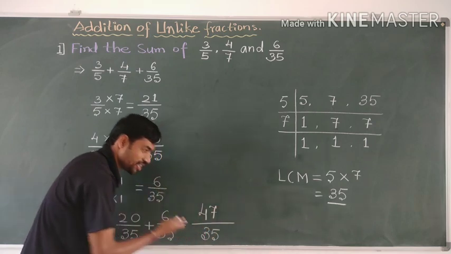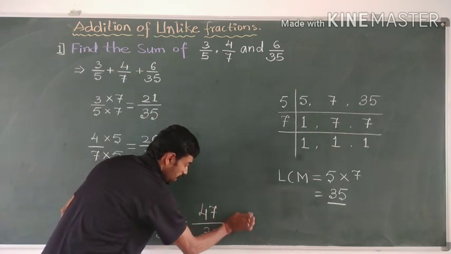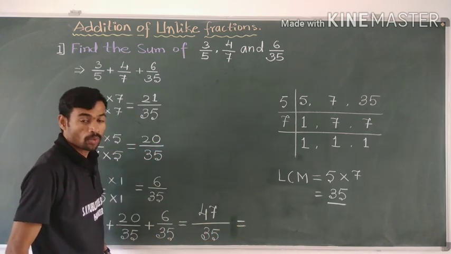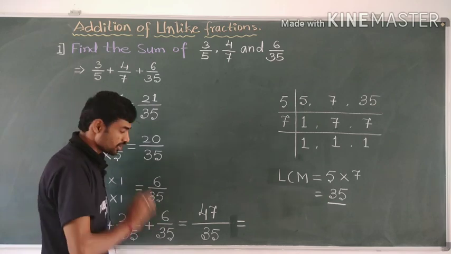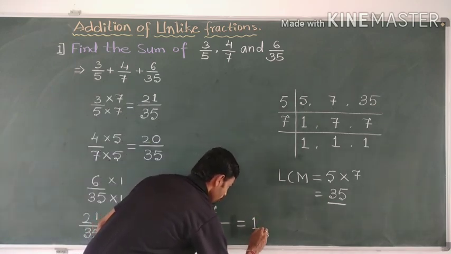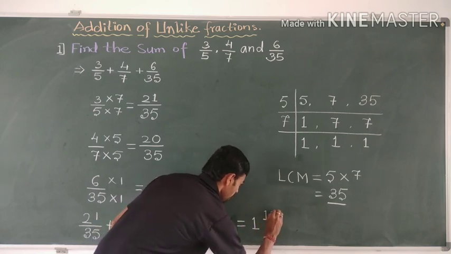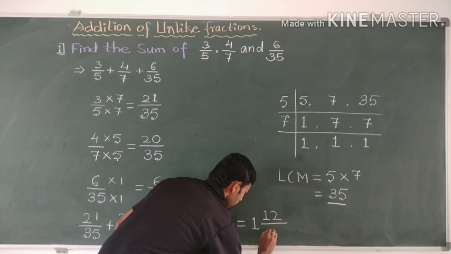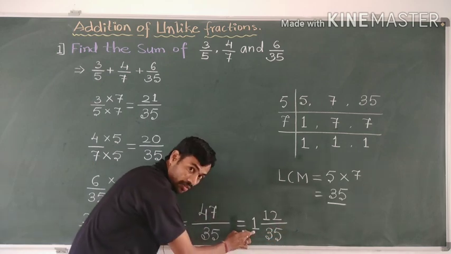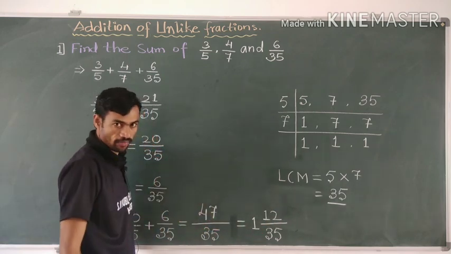47. 47 is an improper fraction. This improper fraction we have to convert as a mixed fraction. 35 ones are 35. 12 is the remainder, 12 by 35. 35 plus 12 is 47.